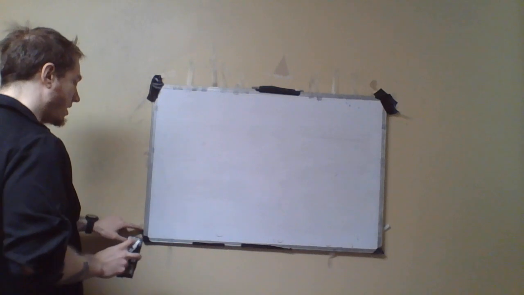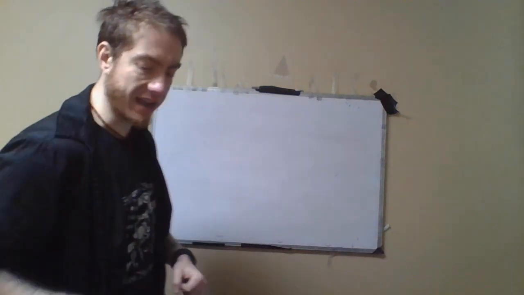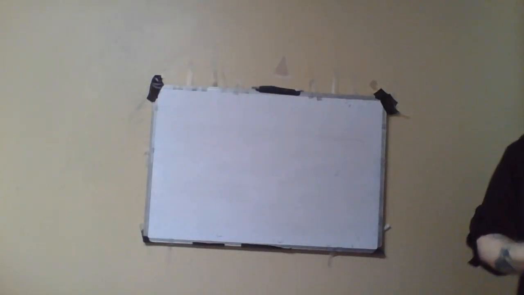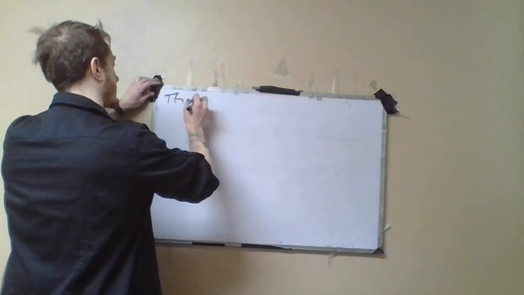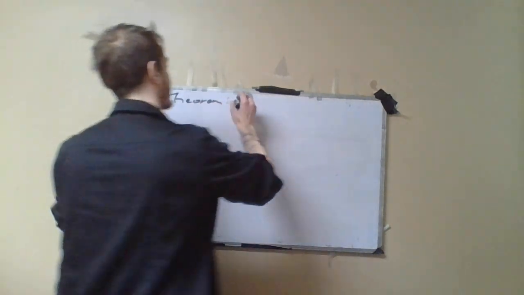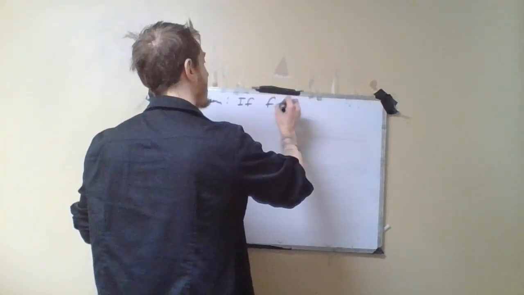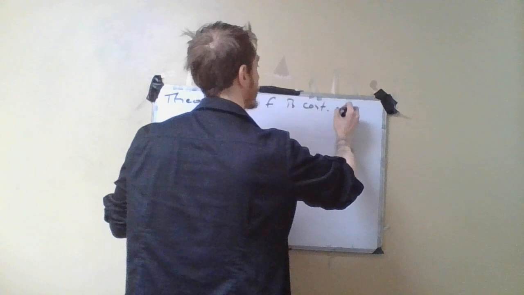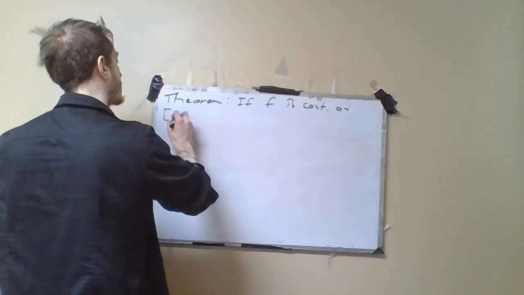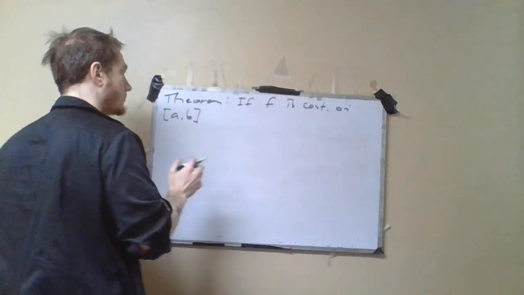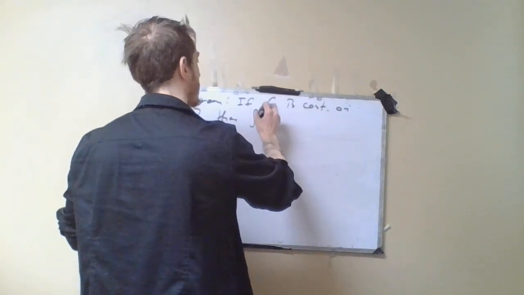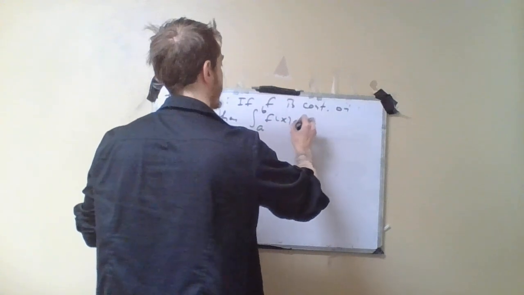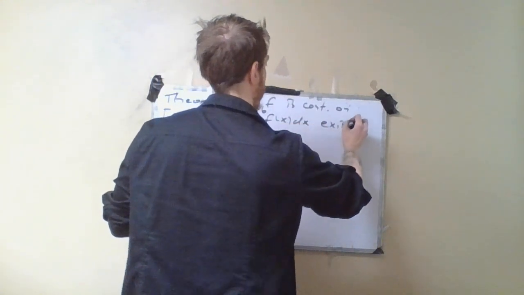Before we do that, though, we want to make sure that what we are doing is well defined. So here is the important theorem that we're going to prove from Riemann sums. If f is continuous on the interval from a up to b, then the integral from a up to b of f of x dx exists.